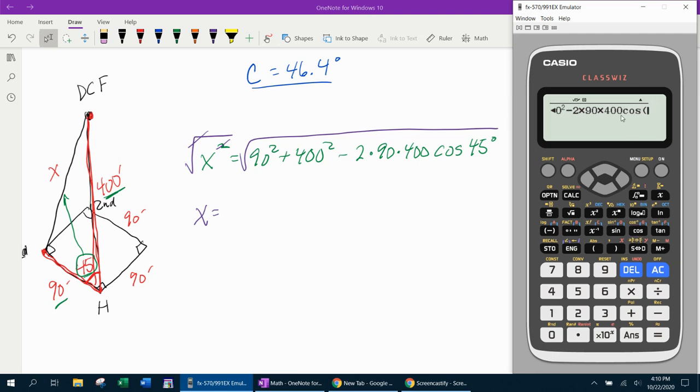And again, you can put the times or you don't have to put the times. It's understood. Cosine of 45. Make sure you're in degree mode. And you're going to need to round wherever they ask you to round to. I'm going to say 342.3 feet.